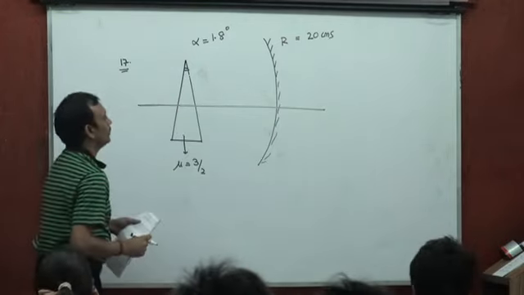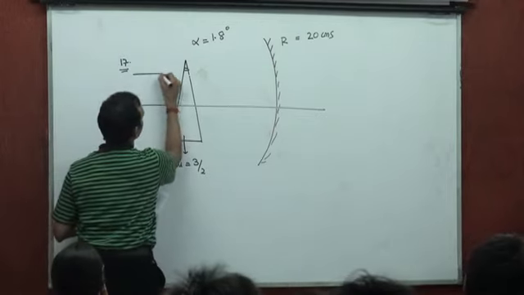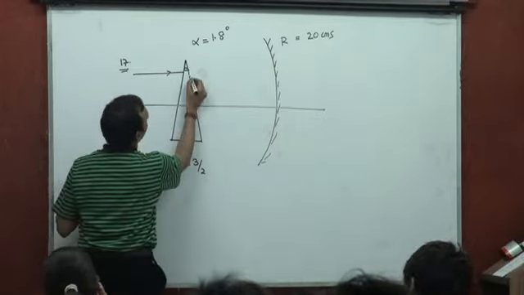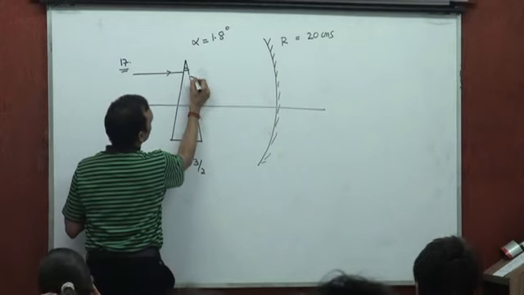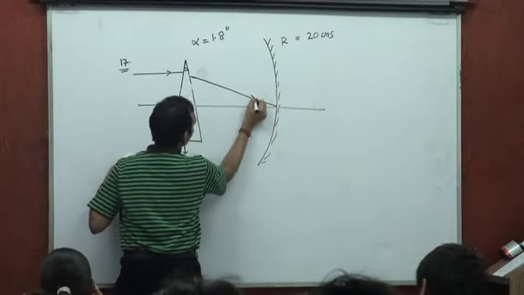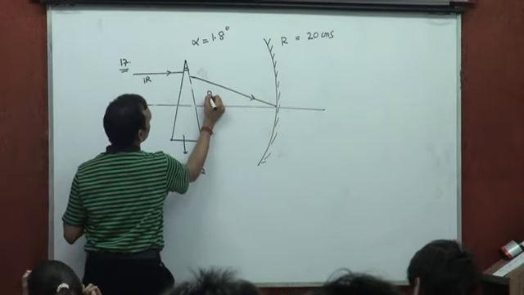There is a parallel beam incident. This is the incident ray. This is the emergent ray.